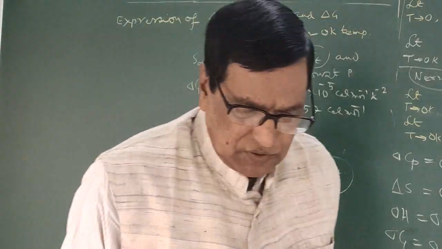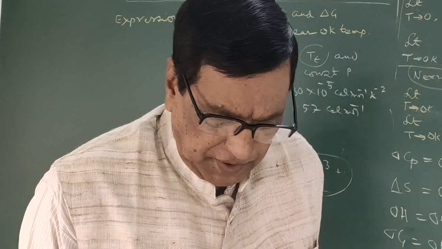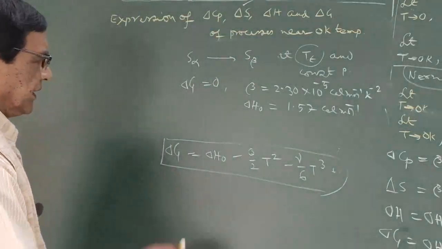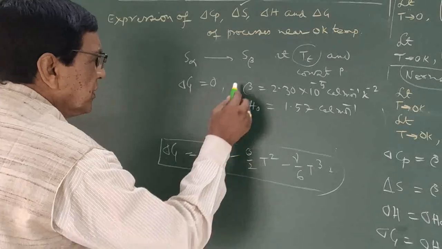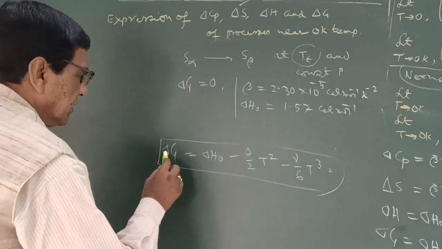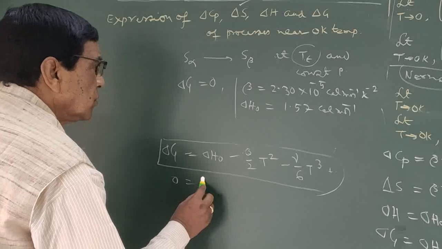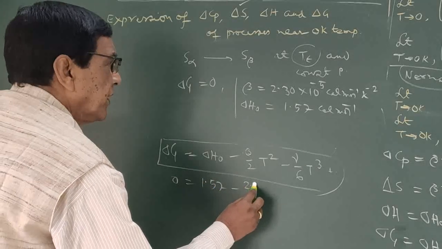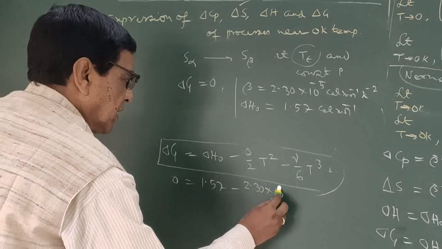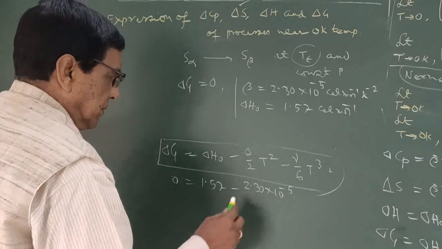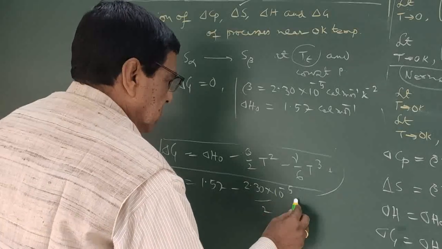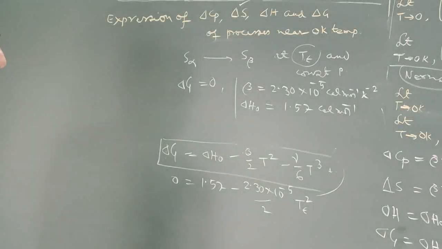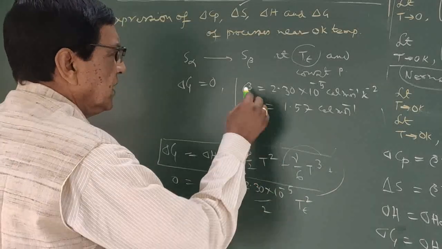These two we have already determined from the thermal data. By putting these data in this relation, 0 equals 1.57 minus 2.30 into 10 to the power minus 5 divided by 2 into the transition temperature square, and this gamma term is neglected.